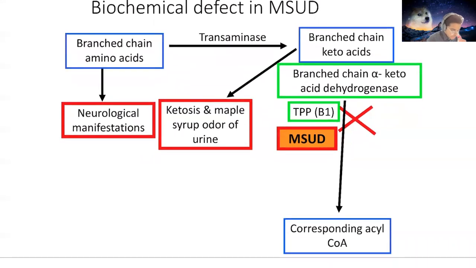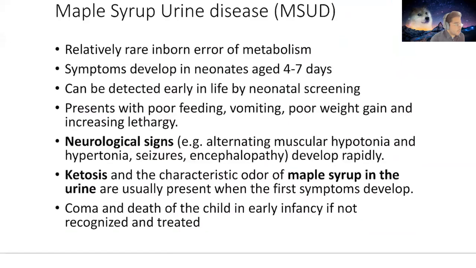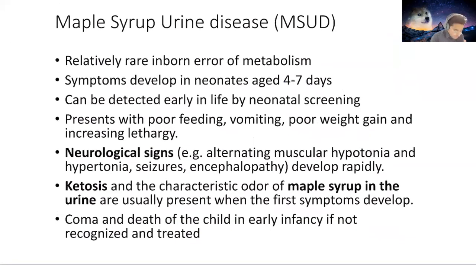Once again, this can lead to 2 different kinds of presentations. It can present with ketosis or maple syrup odor in the urine. Obviously, this is much better than smelling cabbage in the urine. So it's very weird, but it's a great correlatory component, okay? Once again, ketosis and maple syrup urine.